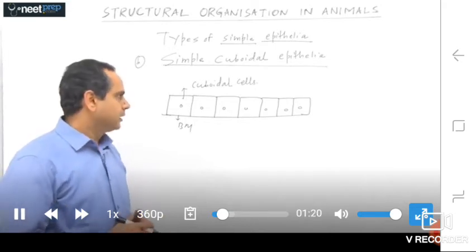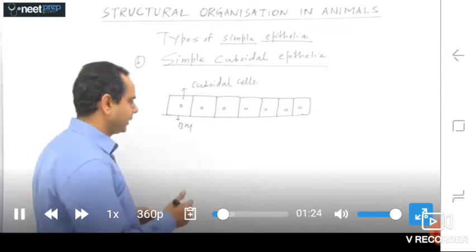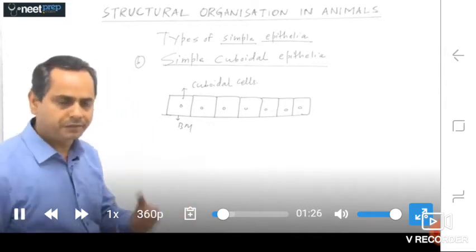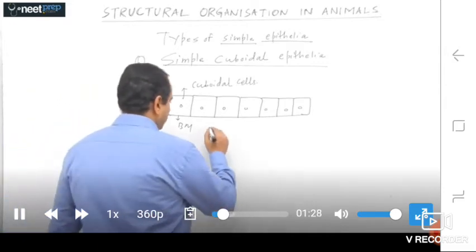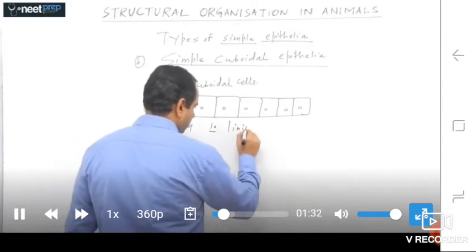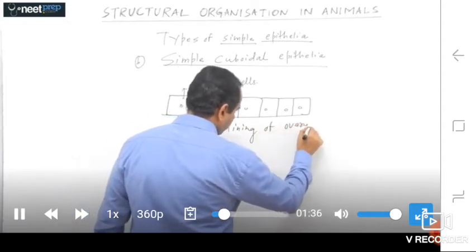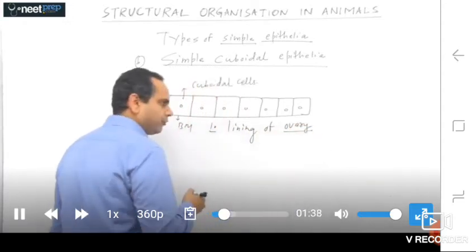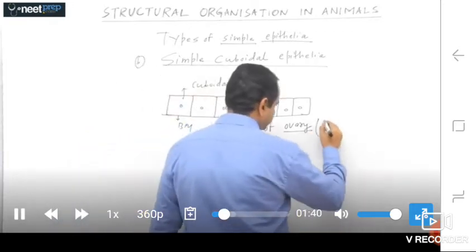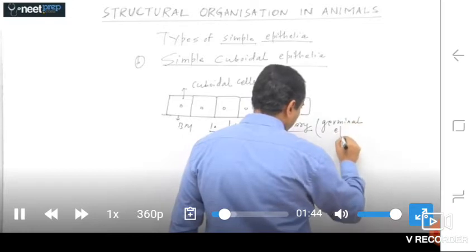And remember, this kind of epithelia we can see if we talk about their distribution, their location. That is, first of all, we talk about the lining of ovary. The inner lining of ovary, also called germinal epithelia of ovary.